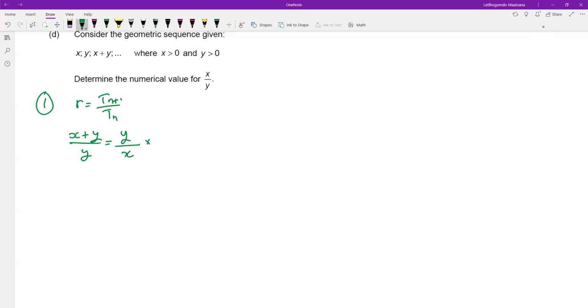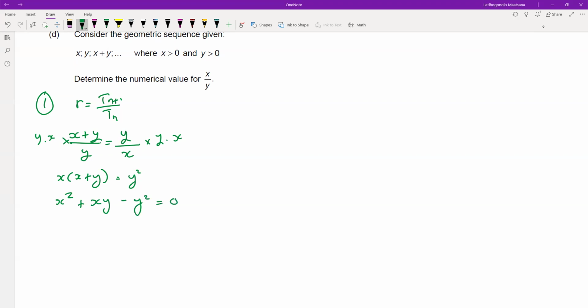We're going to multiply both sides by y and x. So here we will get x plus y, and on the other side we'll get y squared. We will multiply out by x, and we'll get x squared plus xy minus y squared is equal to 0.